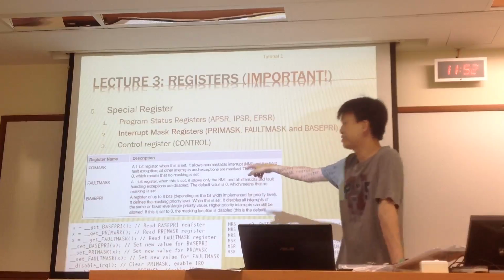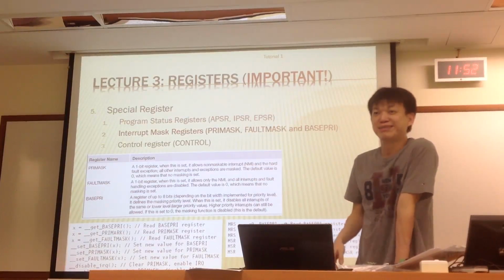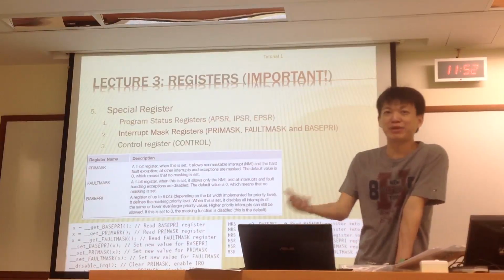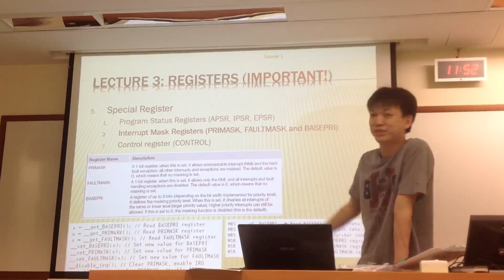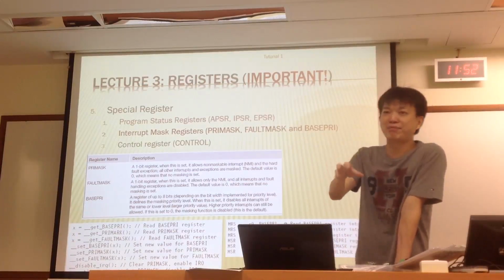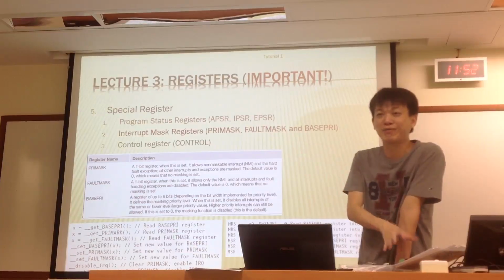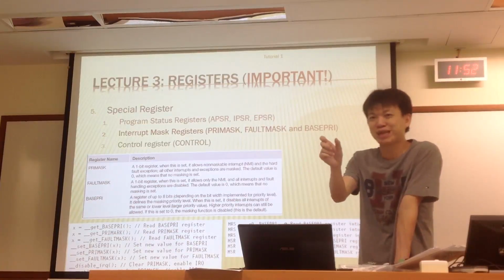It's all in assembly, but when you write in C, the library already handles all this for you. In your interrupt lecture, the key is the last few slides, for your assignment 2.